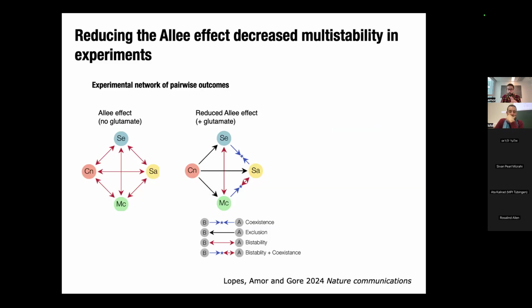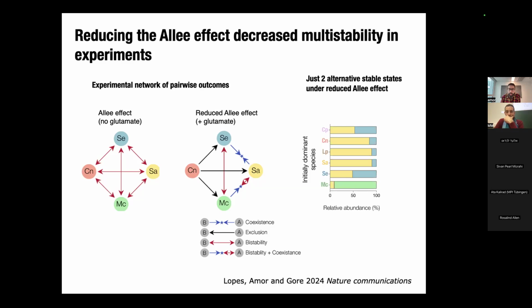The rest was at the expense of the Cryptococcus losing the competition against any other. And again, this is what happened when we started the competition between the six initial species, and now we see that we always end in one of these two alternative stable states that I was mentioning.